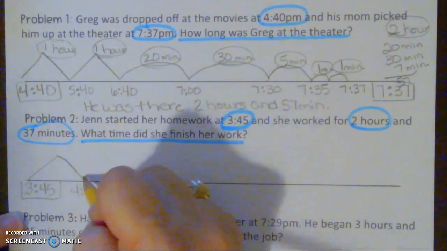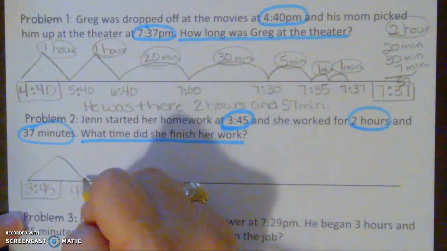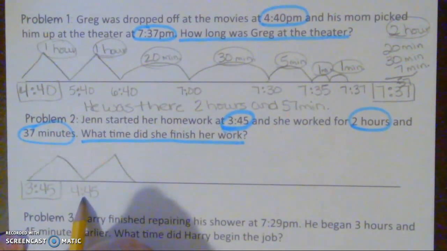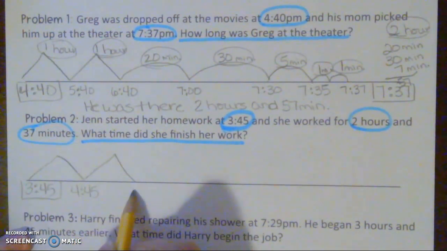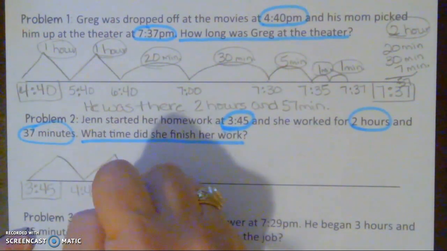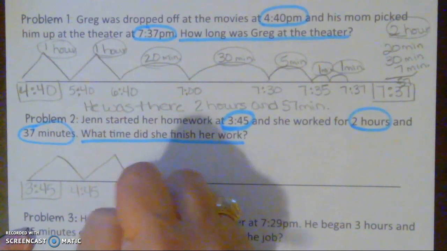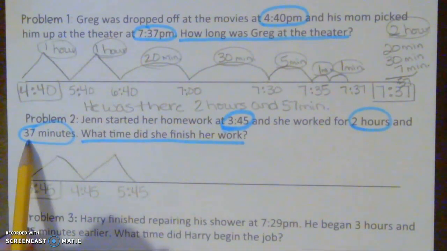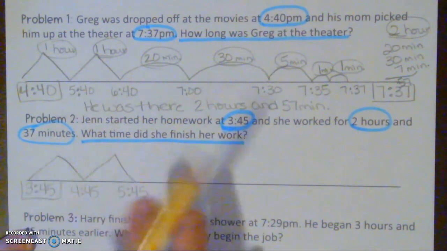Then the next hour, because it says 2 hours, so we know we're going another hour. So another hour would be what? If we're at 4:45 and one more hour passes by, what time would it be? Excellent. It would be 5:45. Okay? So we have now 37 minutes left to show on our number line.